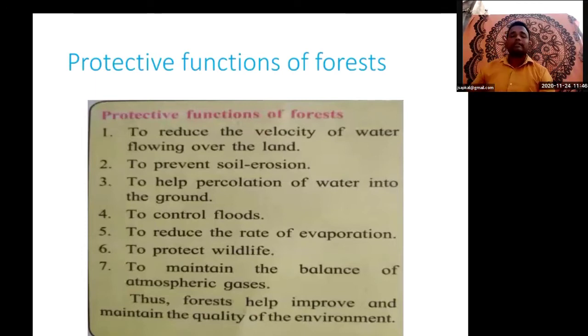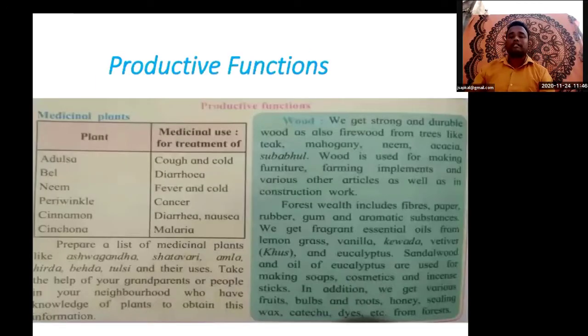Next slide, sir. Next one is productive functions. What does productive mean? From the forest we get some products. There are medicinal plants, then wood. Many plants give us medicine. Adulsa, we use for cough and cold.